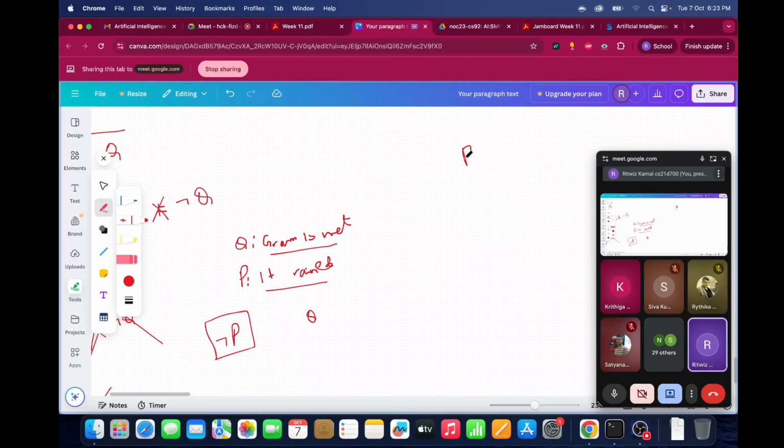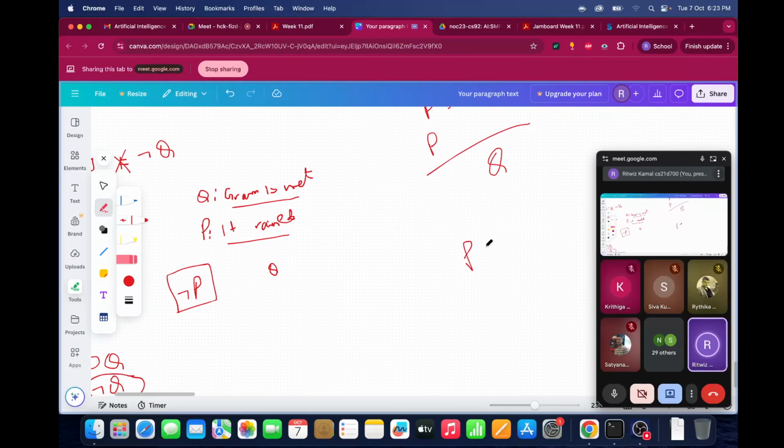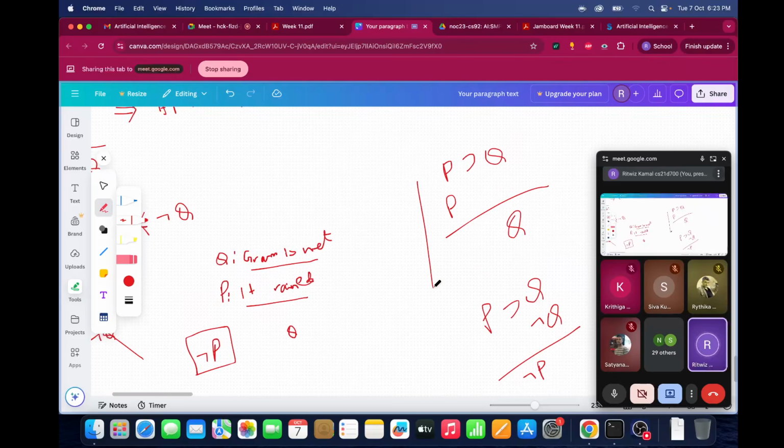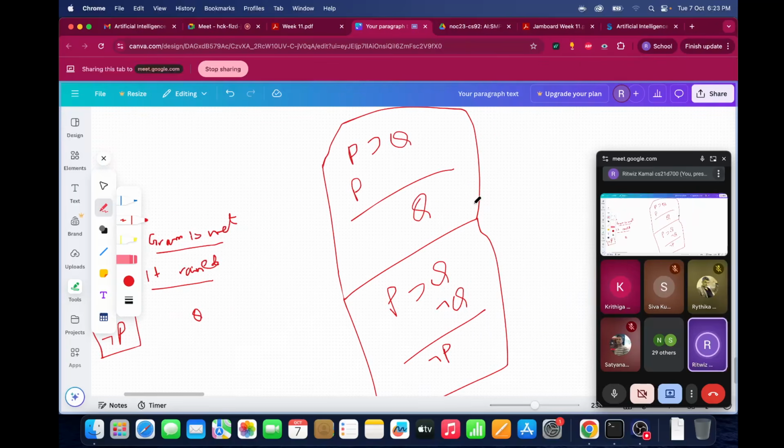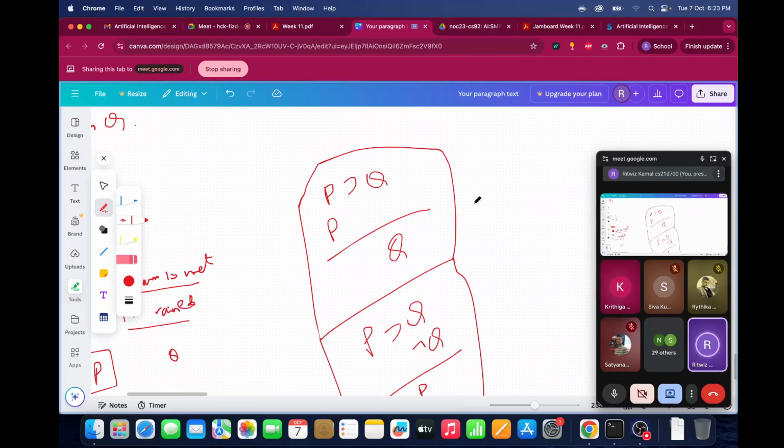Given P implies Q and P, you can always derive Q, or entail Q. And if P implies Q and not of Q, you can always entail not of P. These are two thumb rules of implication that you always have to remember. Anything other than this, we cannot necessarily say is true.